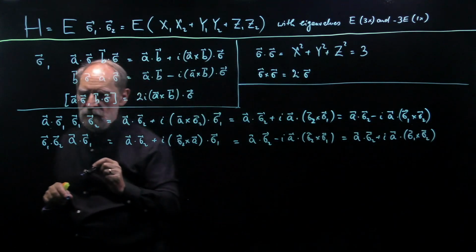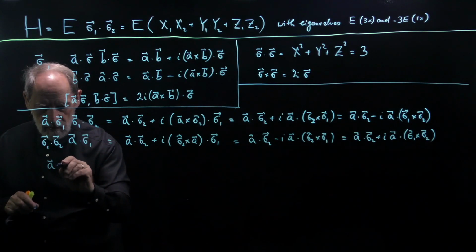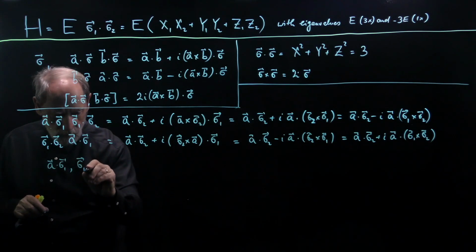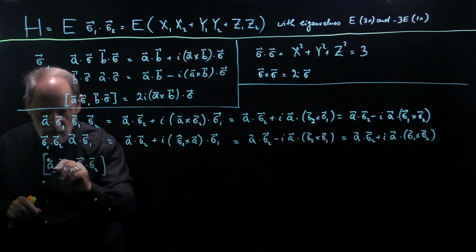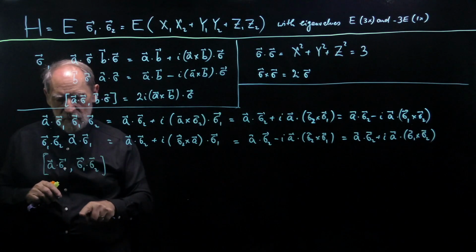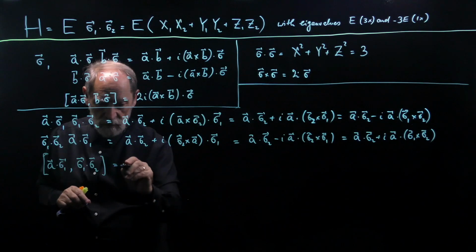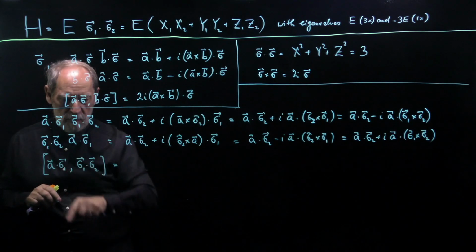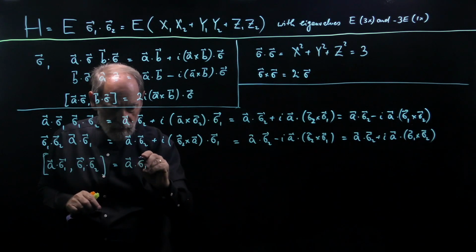So in particular, we can now work out what is the commutator of a dot sigma 1 with sigma 1 dot sigma 2, which is something we will need to set up the Heisenberg equation of motion for a dot sigma 1, right? So it's this expression minus this expression. That's what the commutator says. Maybe I write this out as a reminder.